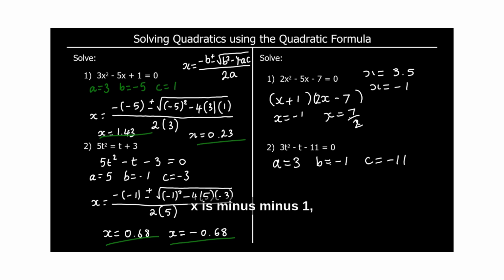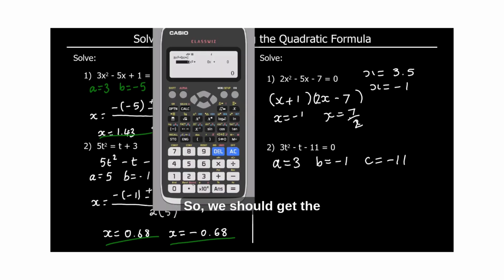So x is -1 plus or minus -1 squared minus 4 times 3 times -11 all over 2 3's. So we should get the first answer of 2.09 and the second answer of -1.76.